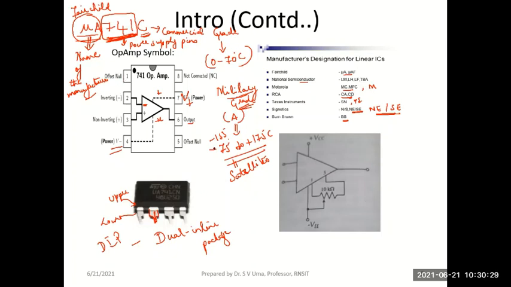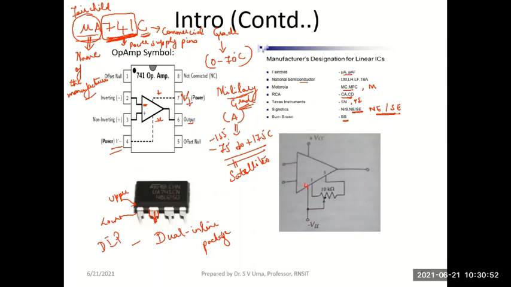This pin 1 and 5 are provided to help us do it. See, in this connection diagram, you can see I have connected a 10K potentiometer between the pins 1 and 5, which are the offset null pins. And the negative supply, which is at pin 4. Remember, pin 4 is your negative supply minus VEE.